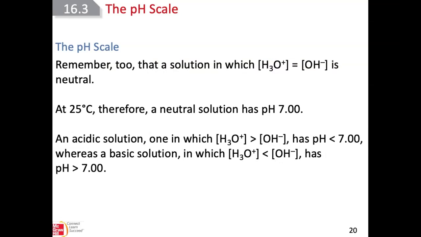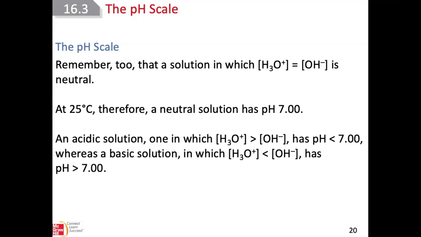If you have an acidic solution, then the pH will be less than 7, when the concentration of hydronium ion is greater than the concentration of OH minus. But if the concentration of hydronium ion is less than the concentration of hydroxide, then the pH will be greater than 7 and your solution will be basic.